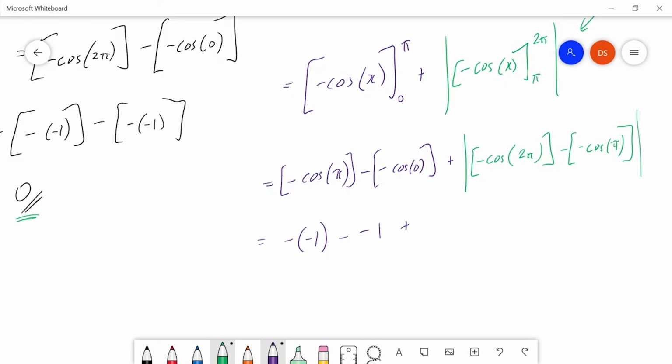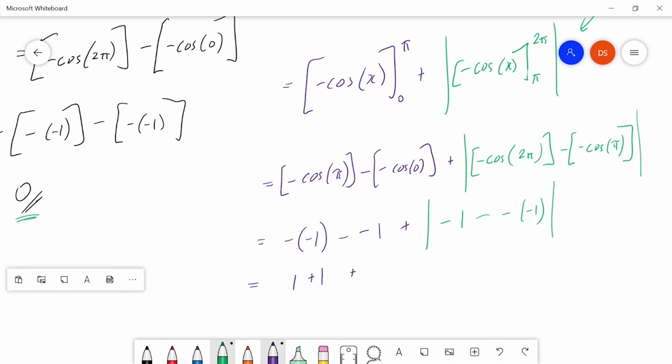Plus, well, we've got the absolute value bar. Cosine of 2 pi is 1, but there's a negative in front of it, so negative 1 minus cosine of pi is negative 1. And once again, we're taking the absolute value. So let's work this out slowly. You've got to be very careful with your negatives.